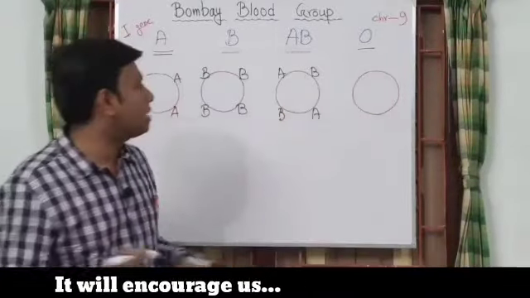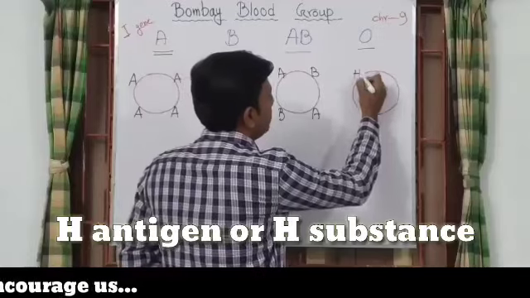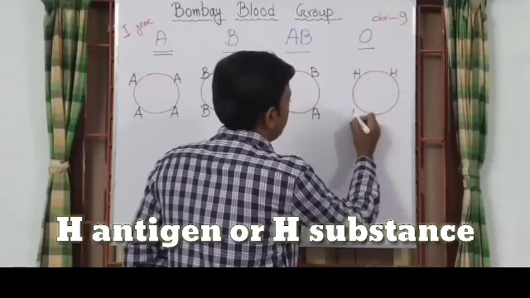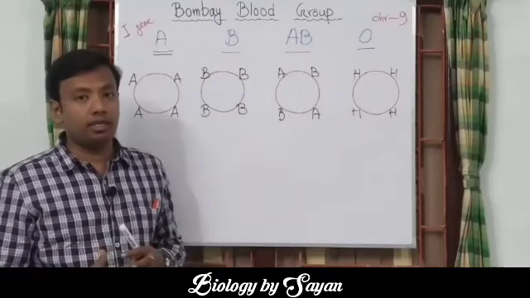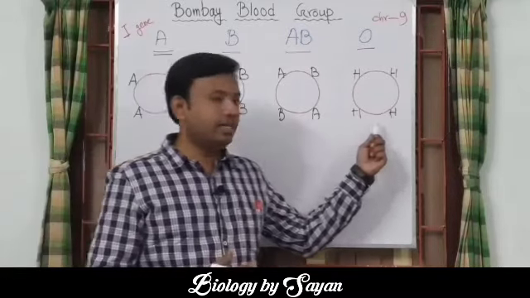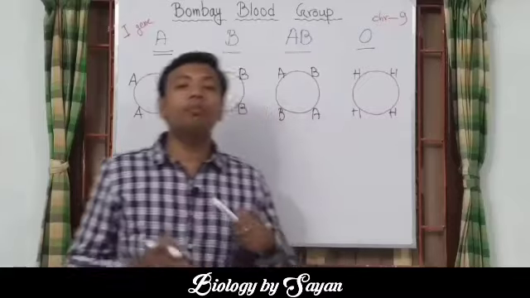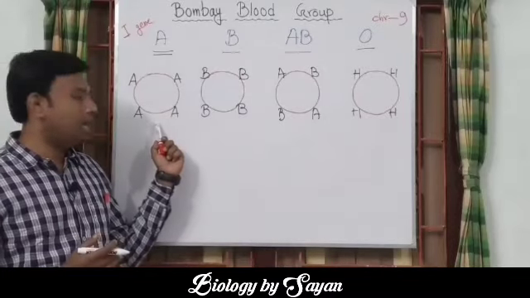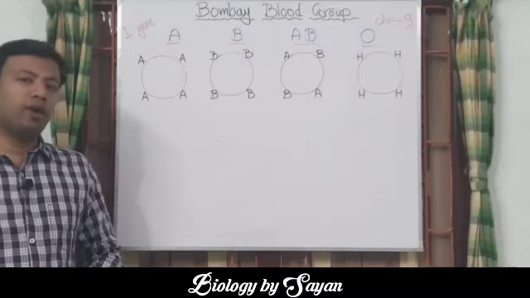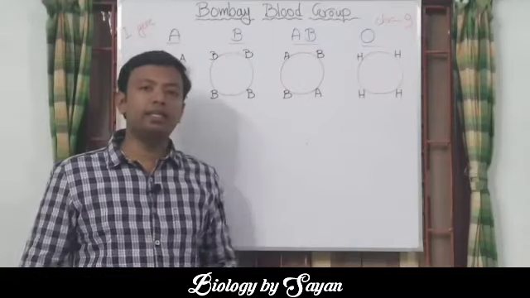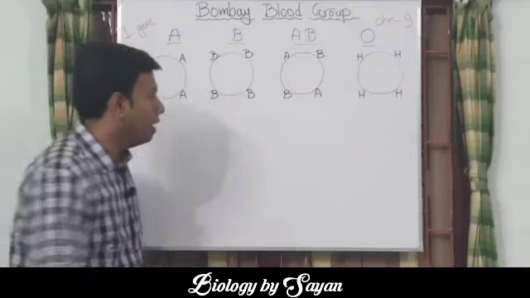These antigens are known as H antigen or H substance. They are oligosaccharide in nature, and these H antigens serve as a precursor of both A as well as B antigen. Now let's try to find out how these H antigens are actually formed.